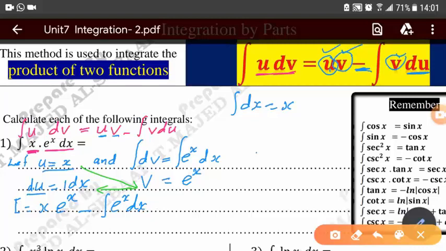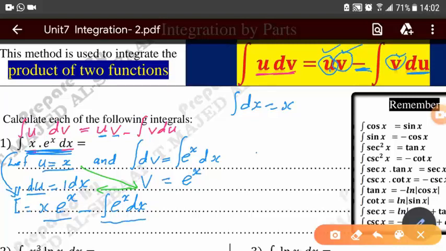Now my integration, this one, has been converted to be like this. And as you can see, this part, we don't have integration in it, and this can be integrated easily.